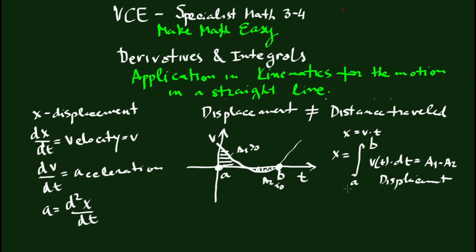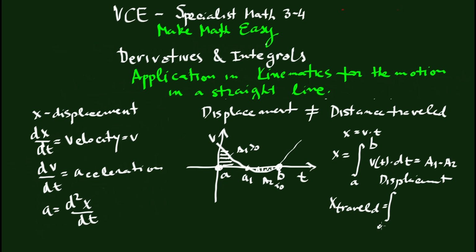But if we want the distance traveled, x traveled, then you will have the same integral split into two. So here you will have a point, say, A1.